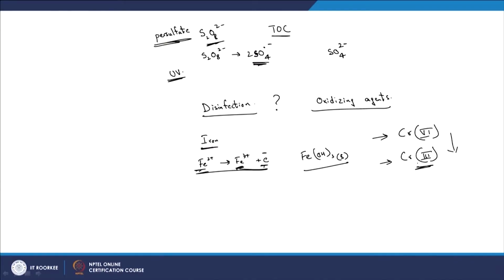So again, you need to look at those aspects too. So you can either reduce the toxicity or also remove the relevant compound by reducing chromium here to oxidation state 3. So obviously here we are using this particular term oxidation state or oxidation number a lot.